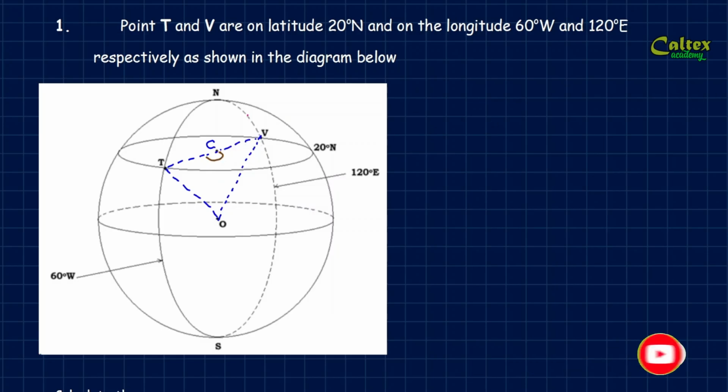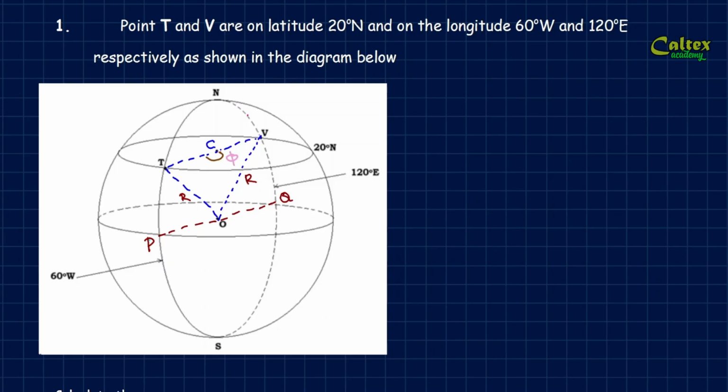Let's call this angle phi. Again, let's go on and join this point. Let's call this point P and this one Q, and you can join it through the center of the Earth. And remember, this is the radius of the Earth.